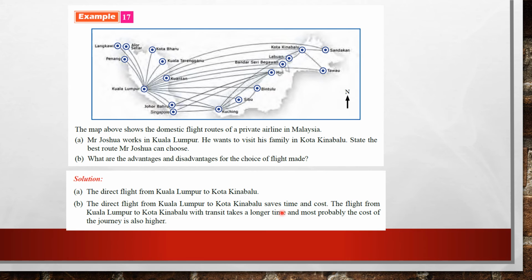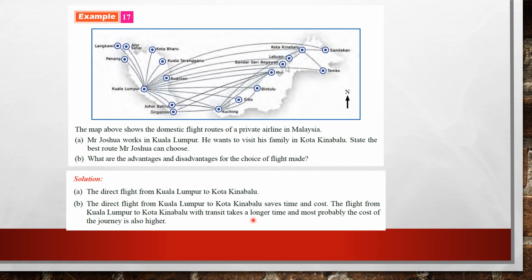So of course, it saves Mr. Joshua's time and cost. The flight from Kuala Lumpur to Kota Kinabalu with transit means, for example, he goes to Labuan first, then he goes to Kota Kinabalu, or he goes to Tawau first, then he goes to Kota Kinabalu. That means he transits to another town.